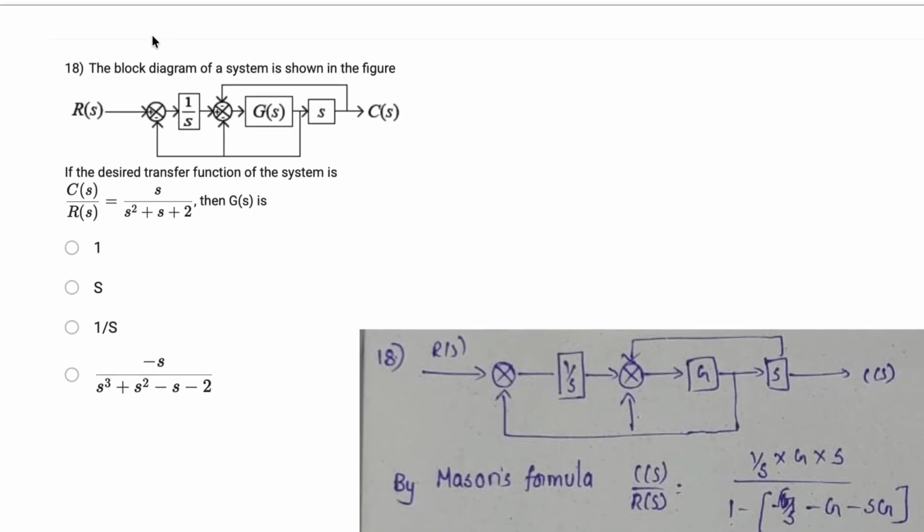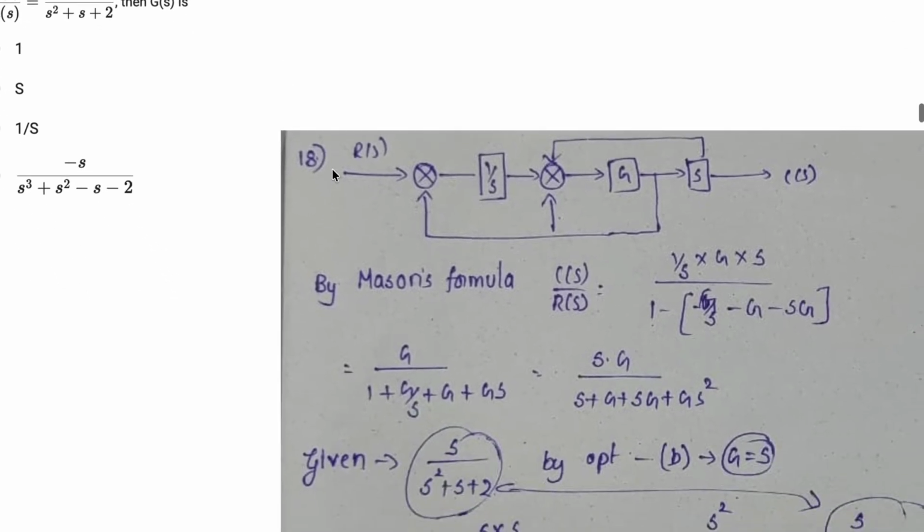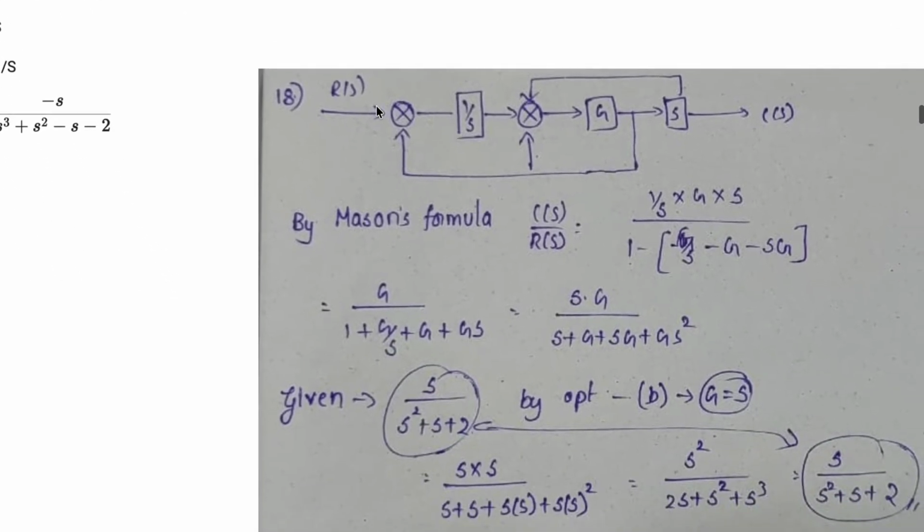He has given the block diagram of the system shown like this, and the transfer function is s by s square plus s plus 2, and he is asking for the value of G of s by Mason's formula, by substituting here one loop and here another loop. This is not a loop, so there is only one forward path.